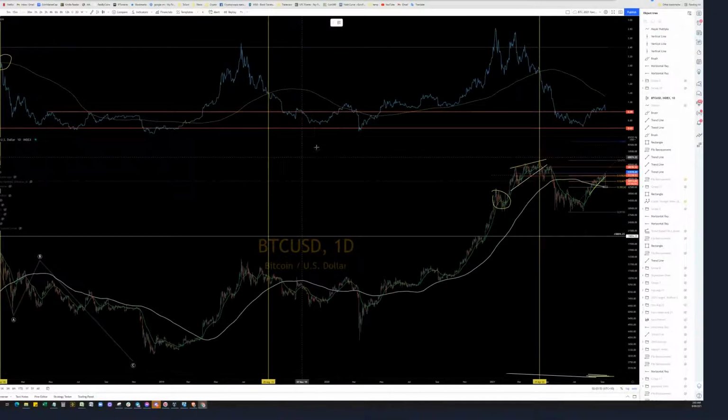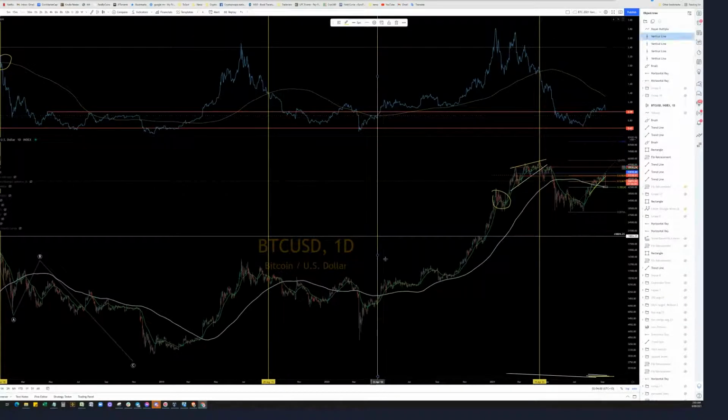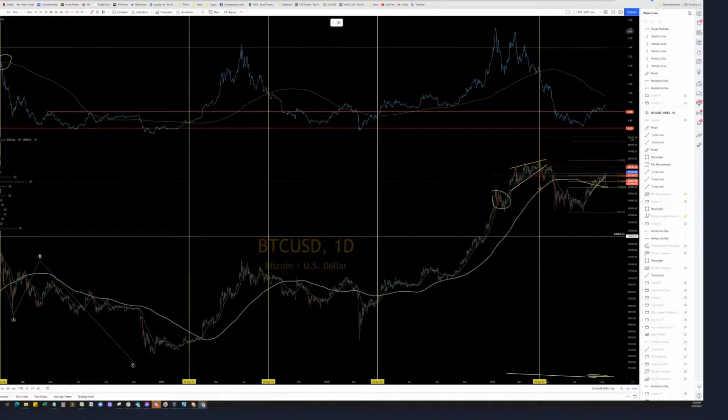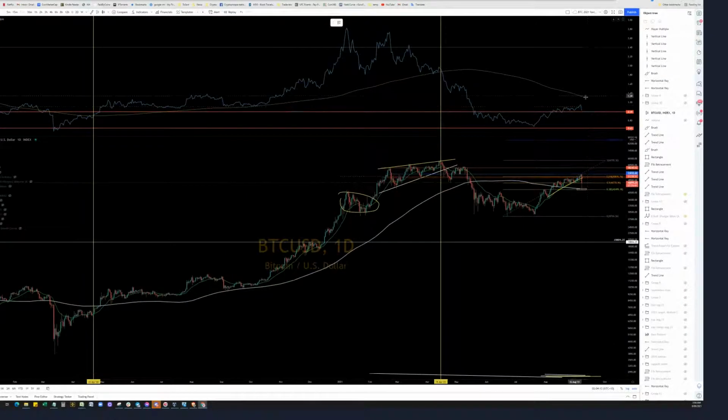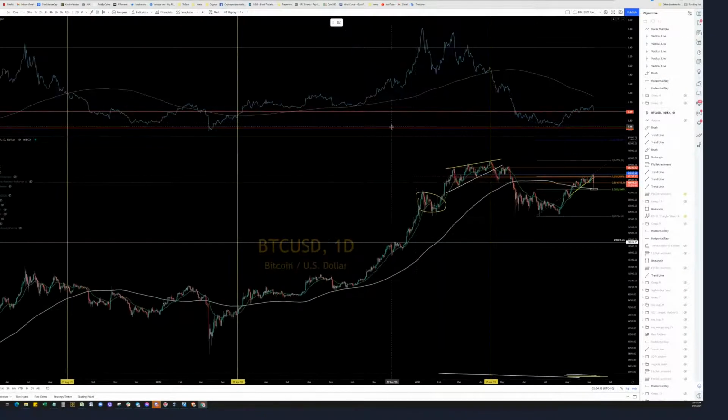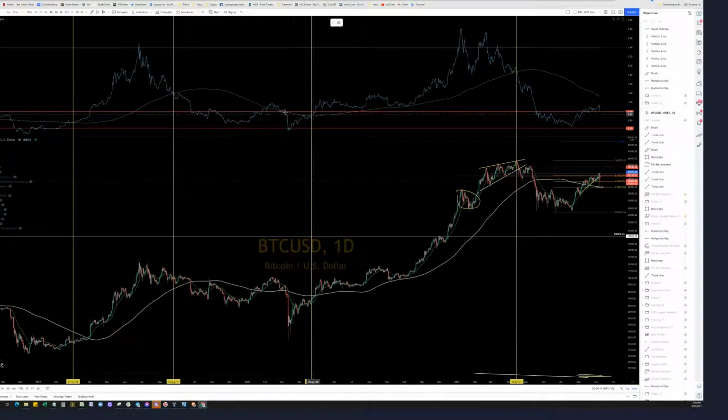In terms of entry, as soon as it passed the 200 moving average there, you can see it's a nice signal to go long. And even here, a nice signal to go long. We haven't quite made it here to go long, but the early sign is this red line.